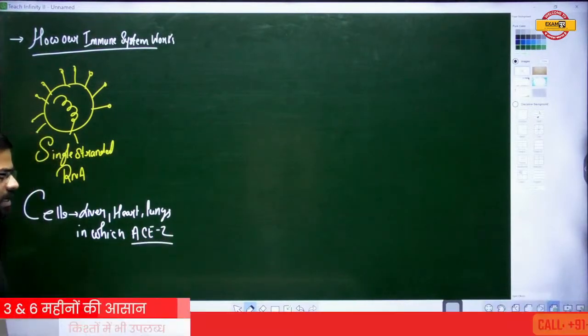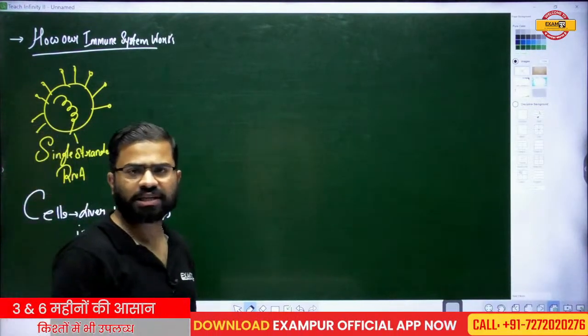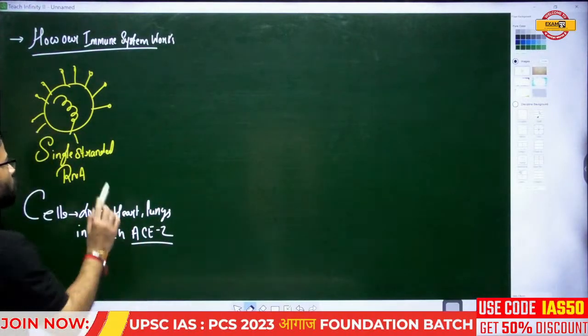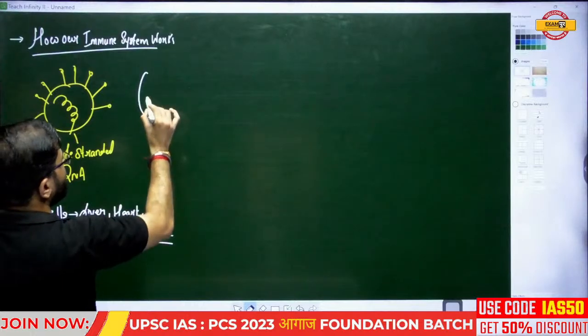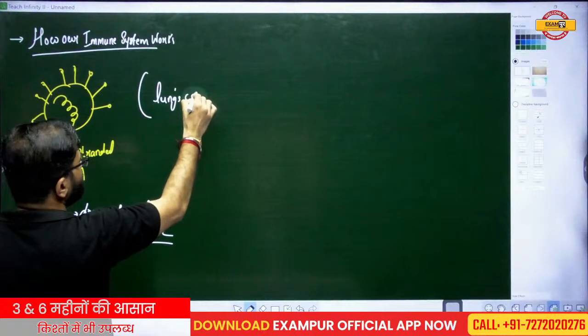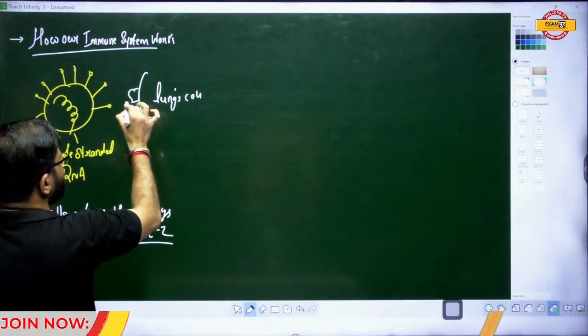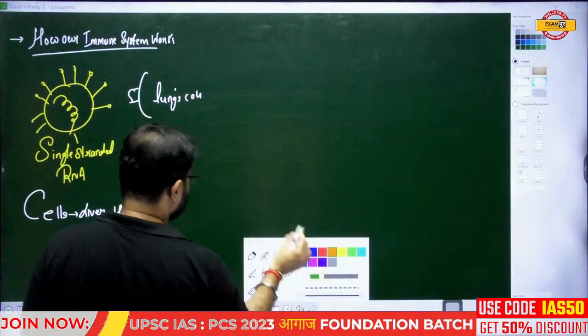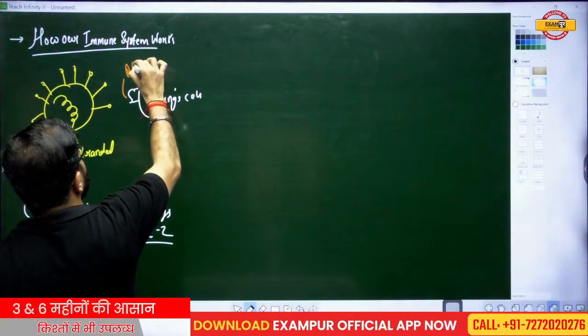Its full form is angiotensin converting enzyme 2. Okay, so suppose this is your lung cell. In the lung cell, this enzyme is there. This is called the ACE2 enzyme.